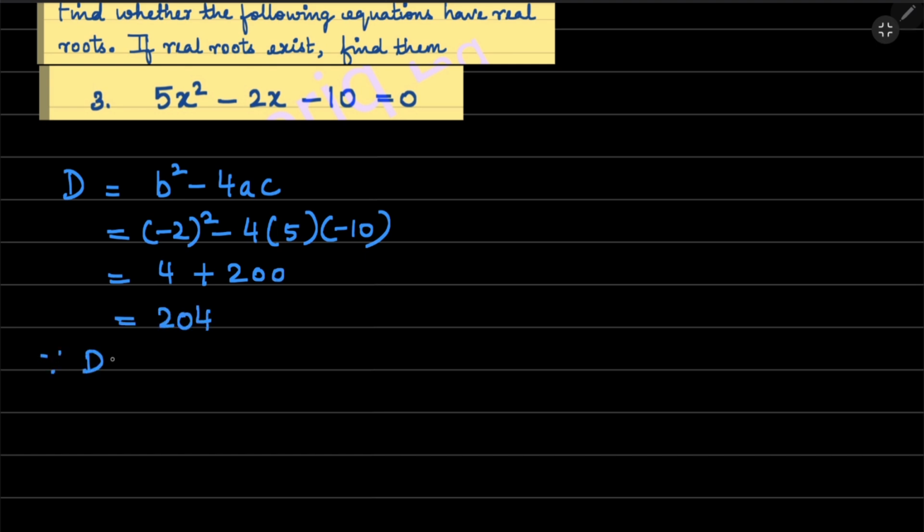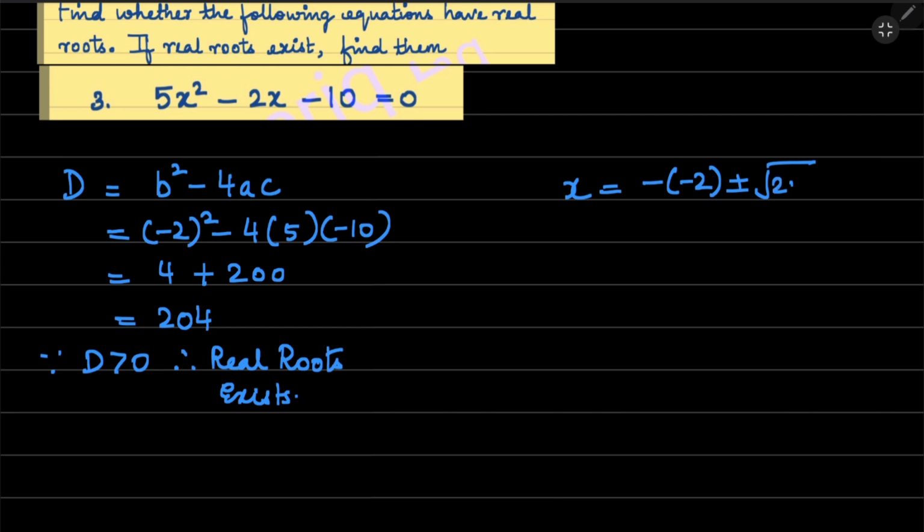So since d is greater than 0, it has real roots. Therefore real roots exist. Now let's calculate the roots. x is equal to minus of minus 2, plus or minus root of 204, whole divided by 2a. a is 5.